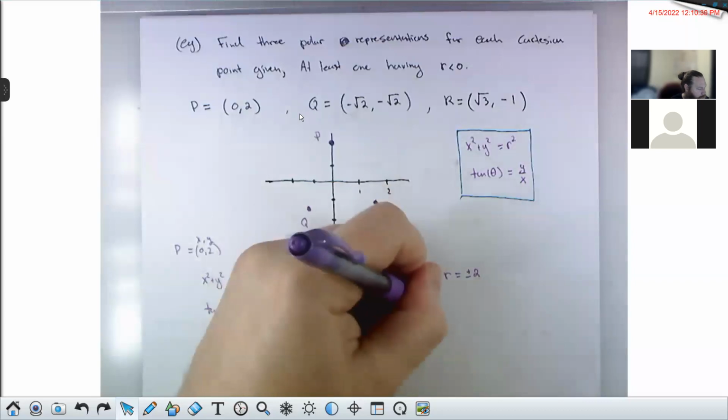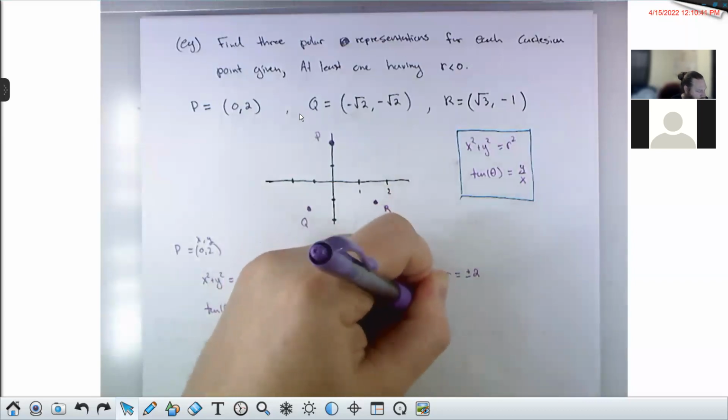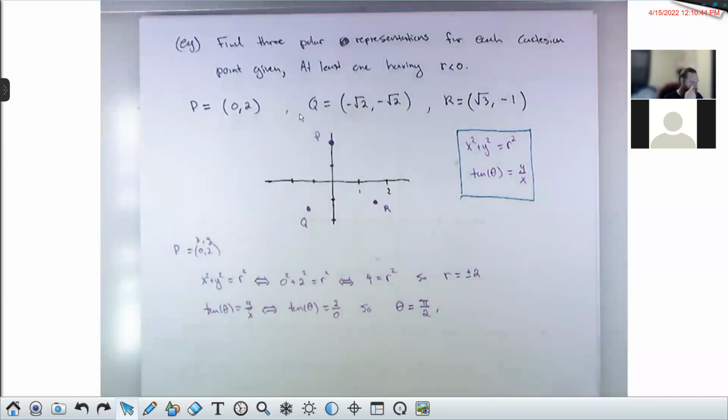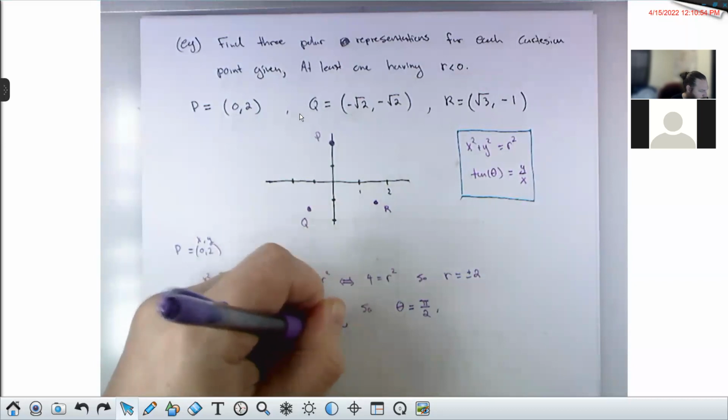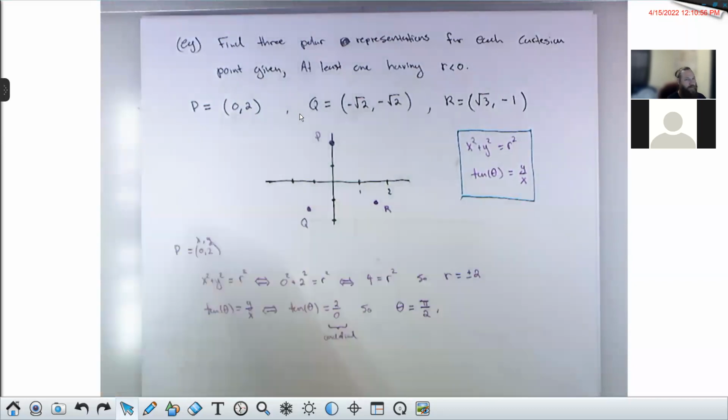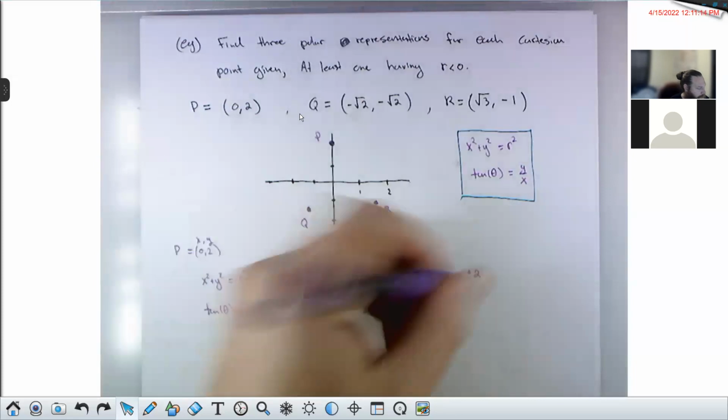Good, pi over 2, right? Tangent is undefined at pi over 2. Where else is tangent undefined? Yeah, I could add or subtract pi to this number.